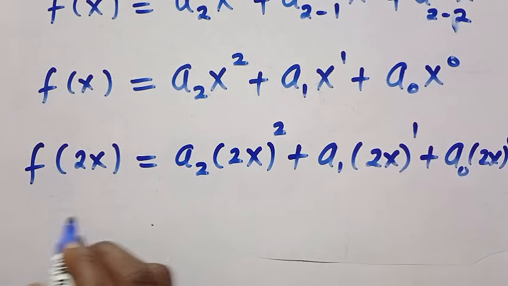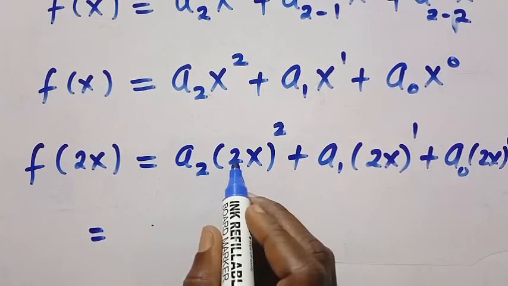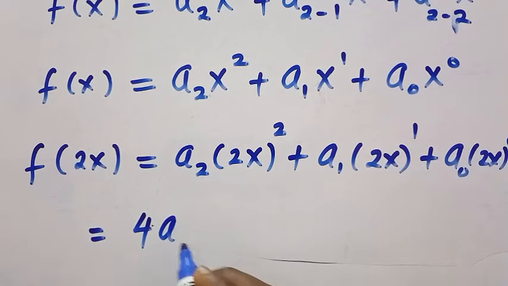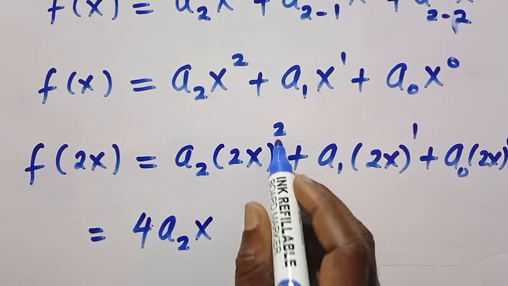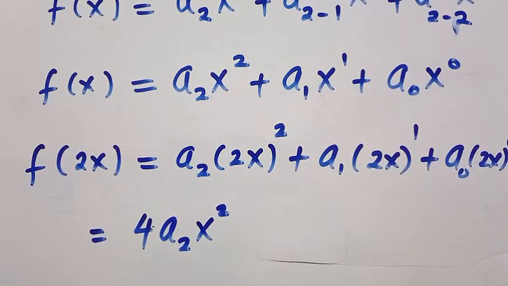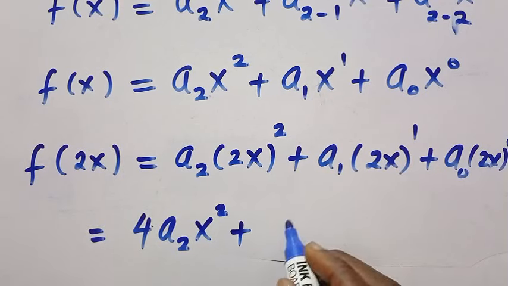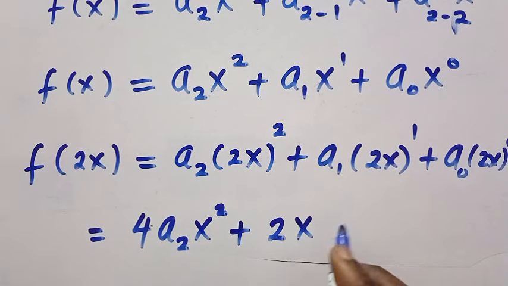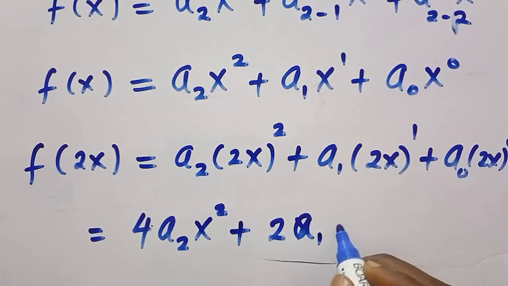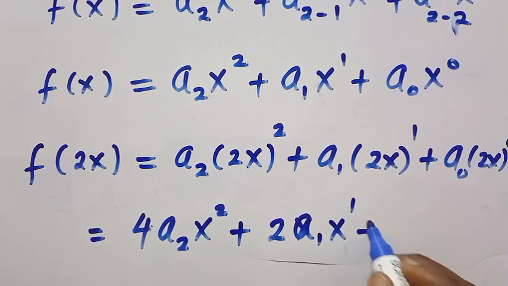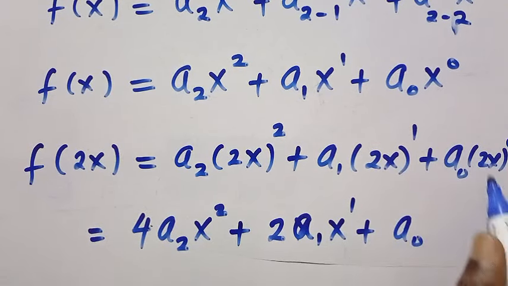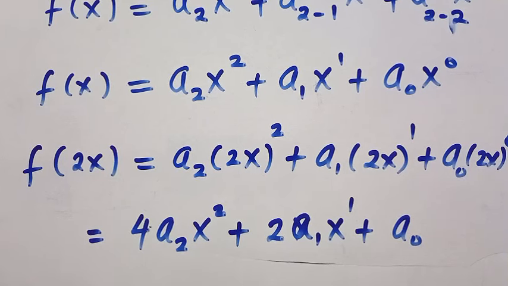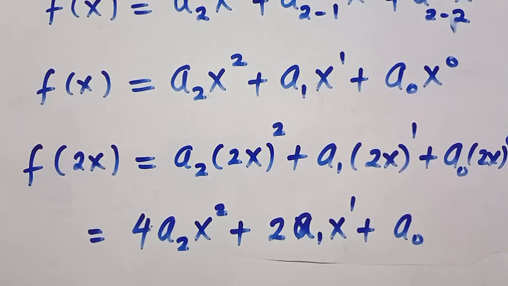Then 2 raised to the power 2 gives us 4, so here is 4a2 x raised to the power 2 by rule of indices, plus 2a1 x raised to the power 1 plus a0. Any number raised to the power 0 gives us 1.